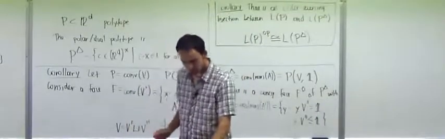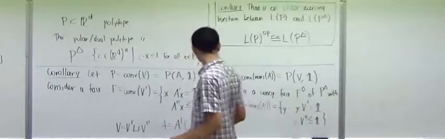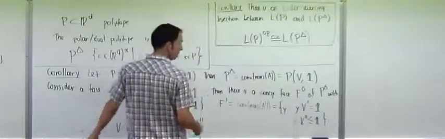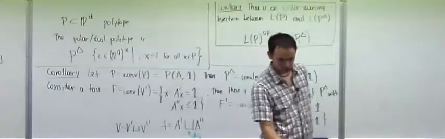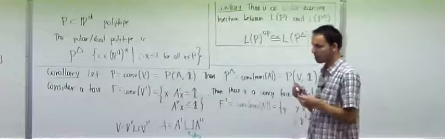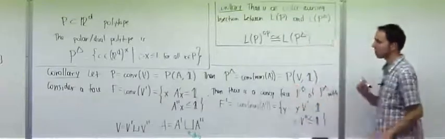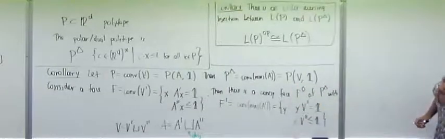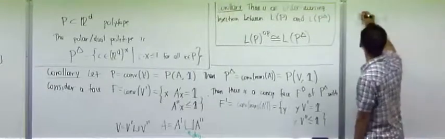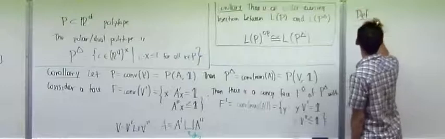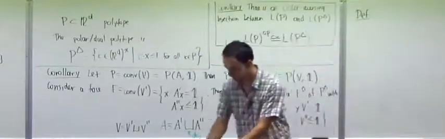So that's almost all of what I want to say about polars. Maybe I want to just say one last thing about this, and I need to make a definition for this, or 2 definitions rather.